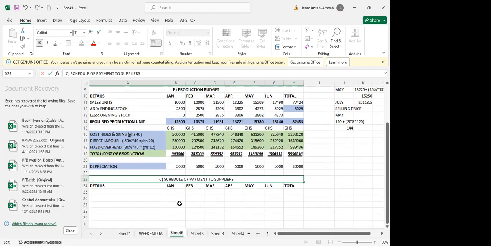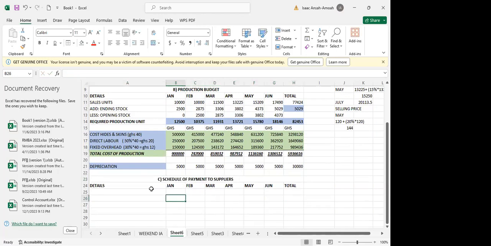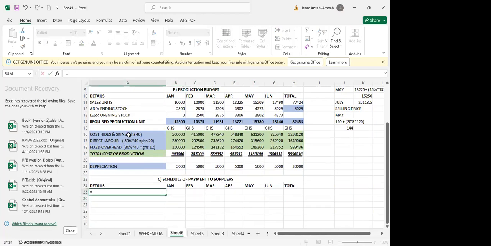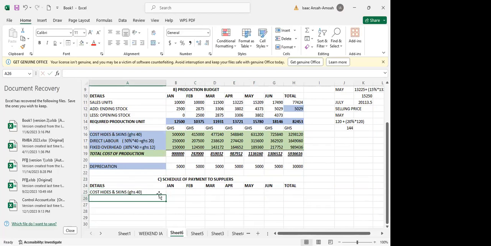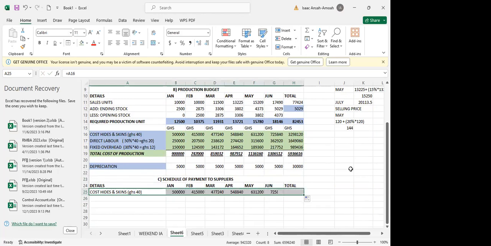We bought raw materials. So here we may want to think about the raw material cost, the cost of hides and skins. That's what we bought. So you have to bring back the cost of hides and skins down to look at how we're going to pay it based on the policy given, right? So I'm just rewriting the cost of hides and skins. It's coming from up here, this one, right?